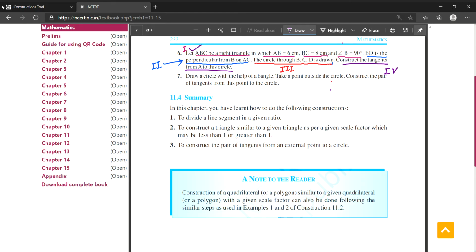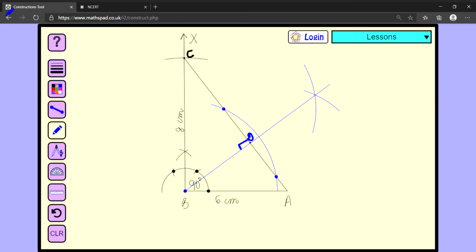This is the second part of the construction. BD perpendicular from B on AC. This is also done. Third part, you have to draw a circle passing through points B, C and D. Observing the construction that we have done till now, what we can observe is that the 3 points through which the circle should pass, B, C and D, are actually the vertices of a right triangle.